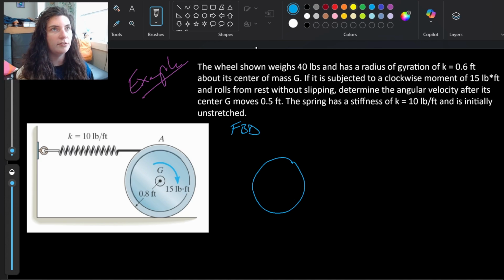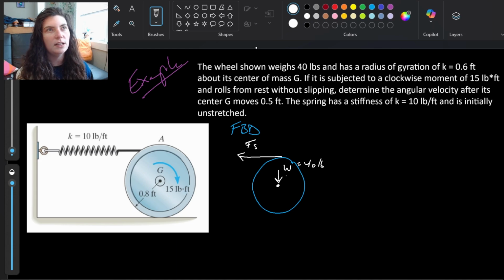So I have my free body diagram here. I'm of course going to have the force from the spring attached at the top A there. Call this Fs for the force of the spring. It tells us that the wheel shown has a weight of 40 pounds and that's acting at G. So at G, I have a weight equals 40 pounds.